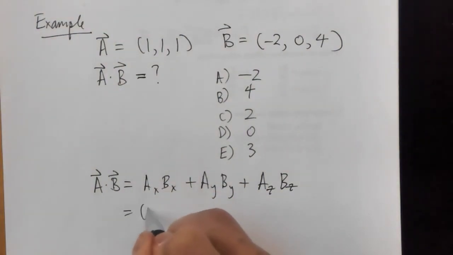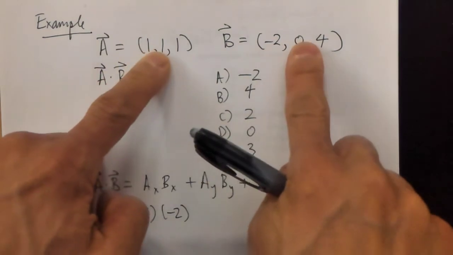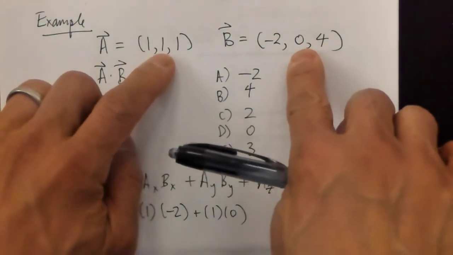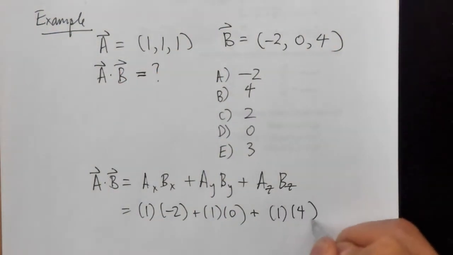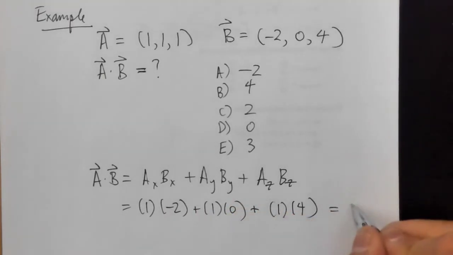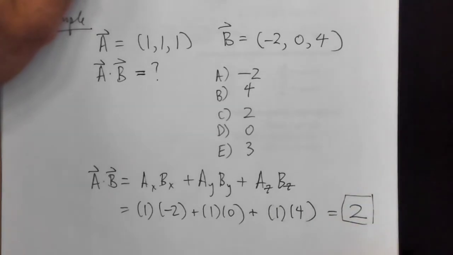So we have 1 times minus 2, these two guys. Then we have 1 times 0, doesn't do anything, plus 1 times 4. So we have minus 2, 0, 4, that comes out to 2. Okay, so now we know the dot product is 2.